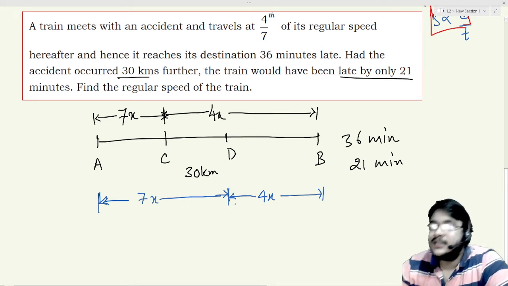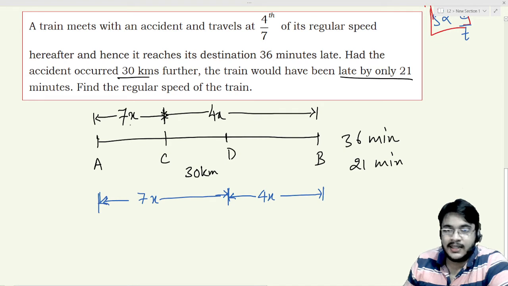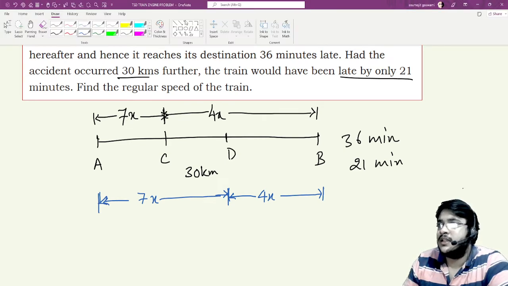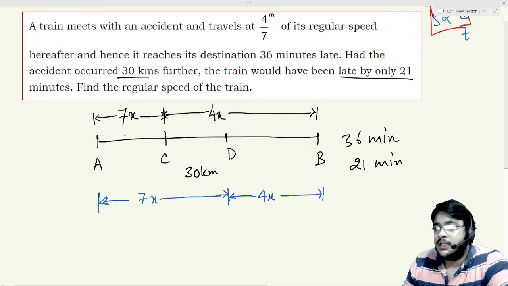Now understand this, I'll change the colors again because that will make the representation very visual. The time taken for the train to travel from A to C is 4y, and that to travel from C to B is 7y.